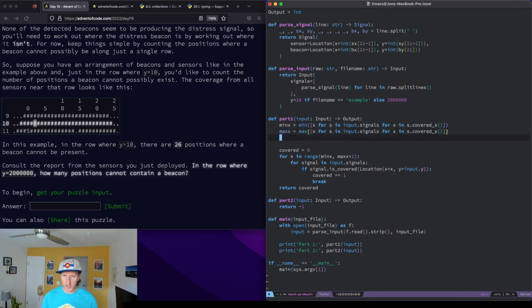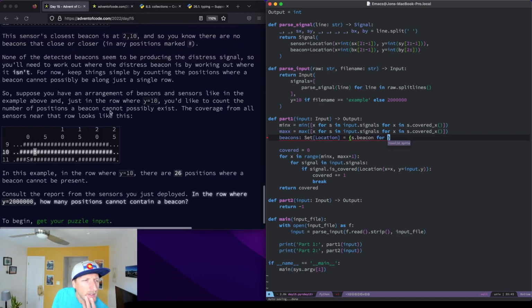So yeah, we'll get the beacons, which is a set of location, equals s.beacon for... wait, why can't it?